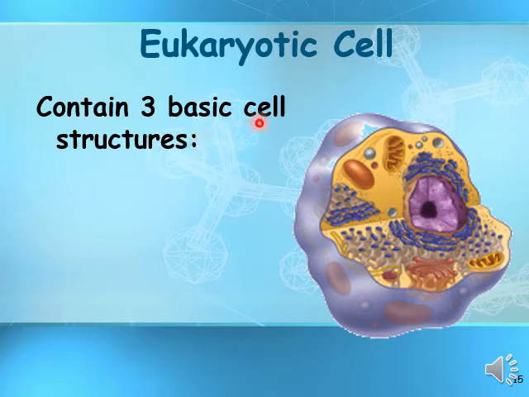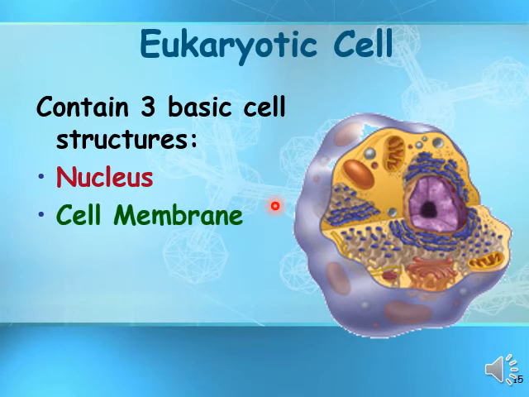A eukaryotic cell contains three basic structures. One, the nucleus. This organelle is the nucleus. This is a cell membrane, as an envelope for the cell.